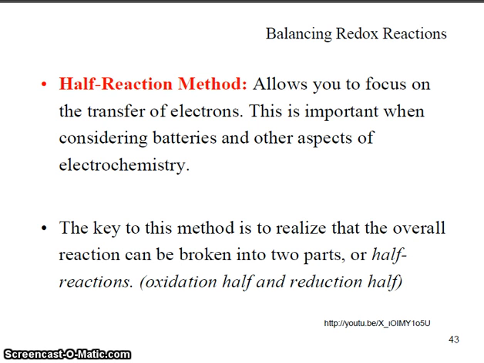This sometimes is also referred to as the half reaction method, which allows you to focus on the transfer of electrons, and it's important when you're thinking about batteries, for example, or electrochemistry, because you need to find out the total electrons that get exchanged, or you want to determine the electrochemical cell, or whether or not a certain reaction is feasible. So getting to know the number of electrons participating in that redox reaction becomes important.